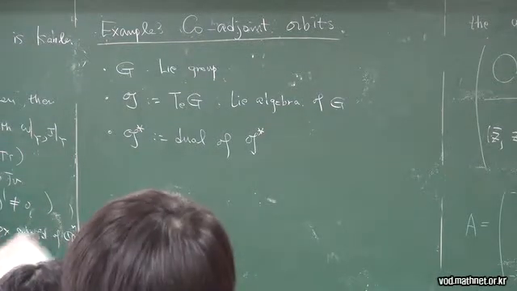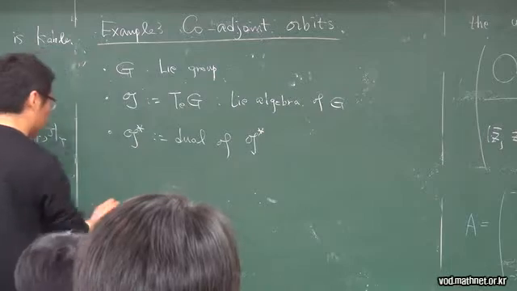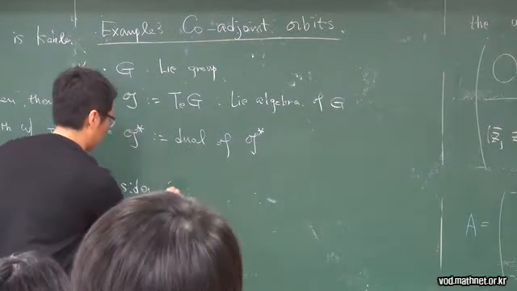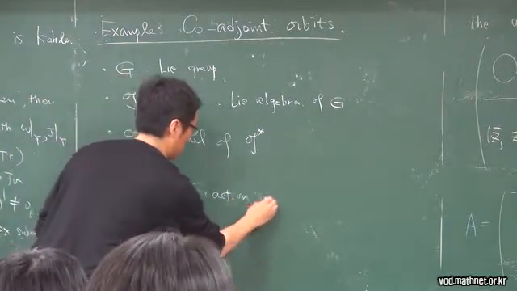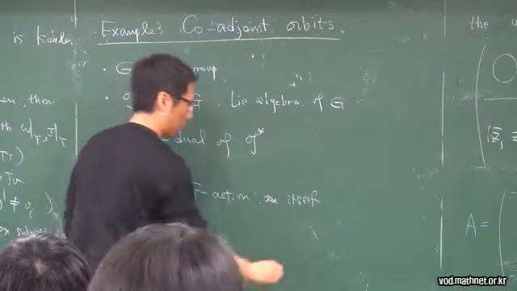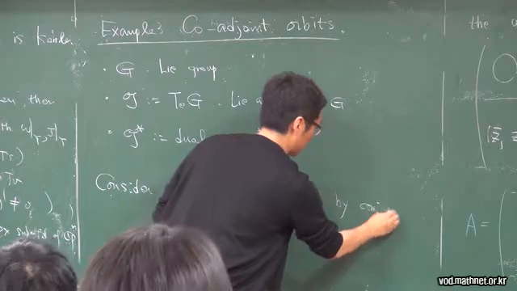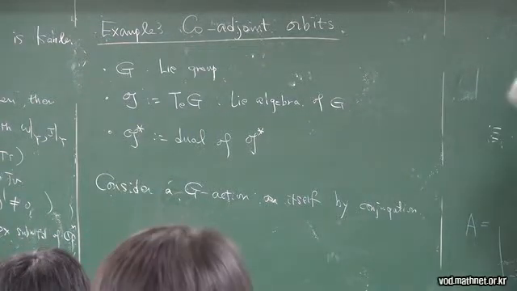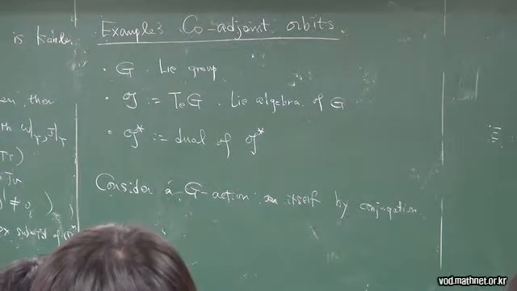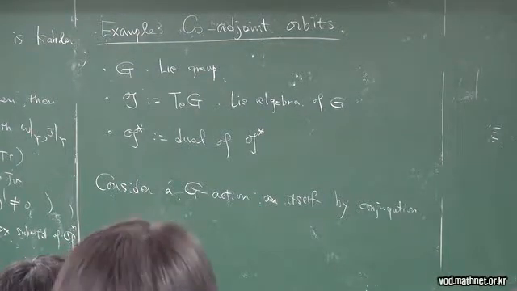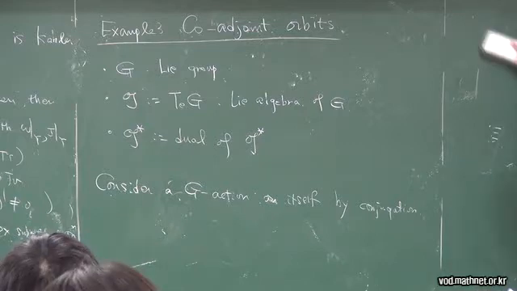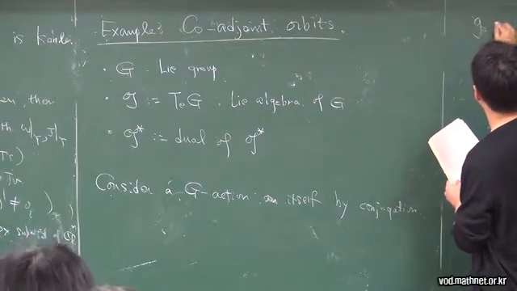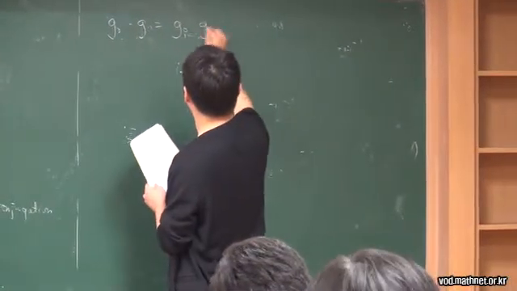So first we define the coadjoint action here. Let's consider a G action on itself by conjugation, which means that g0 acts on g by g0 g g0 inverse.